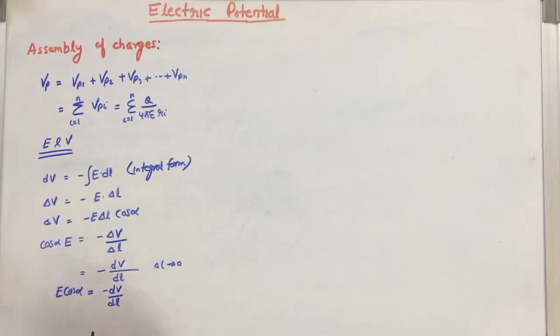This will be maximum when alpha is 180 degrees. So when alpha is equal to 180 degrees, dV over dl will be maximum.